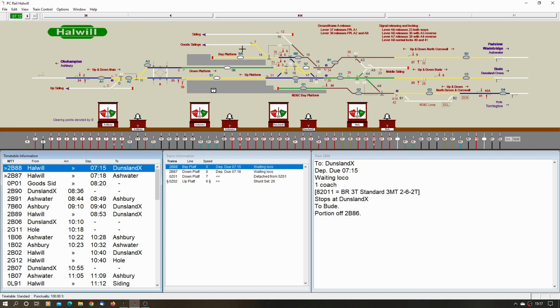It's a shame they couldn't depart at the same time. Oh no, they can't, because he'd have to go. Oh, that's right. Yeah, you could have one from the Bay platform onto the up and down North Cornwall at the same time. You've got a little one leaving across there. Yes, that should be possible to do.